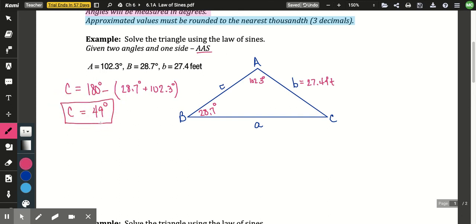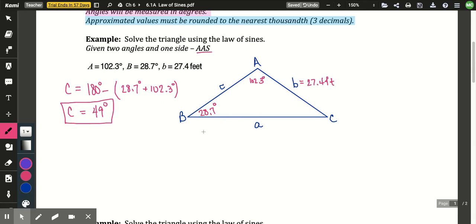For this one, I have one angle and two sides that I need to find. I've got the one angle, so now I just need the two sides. Let me switch colors again here. I'm going to decide which side I want to find next.